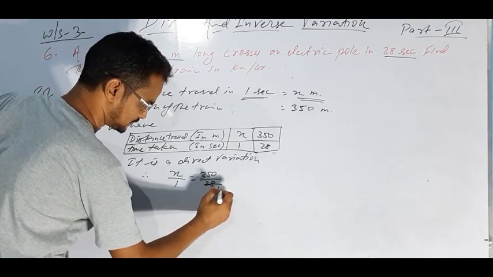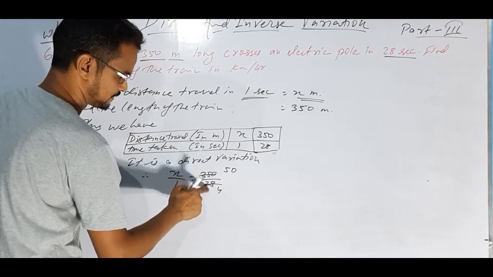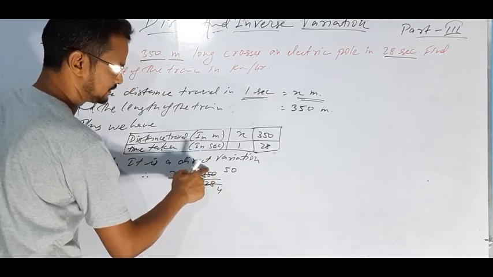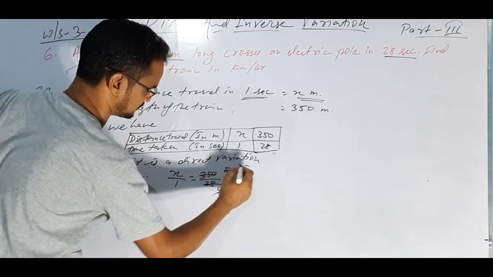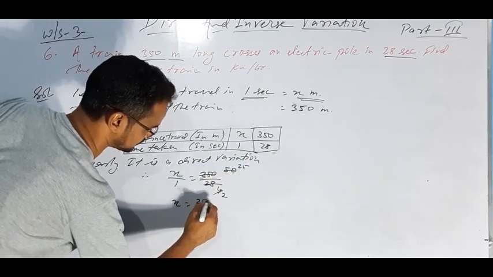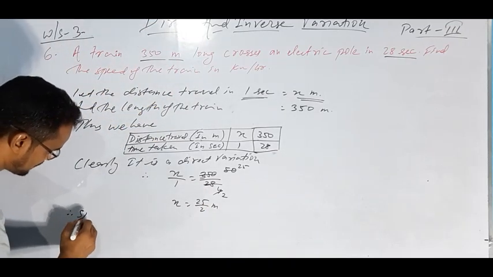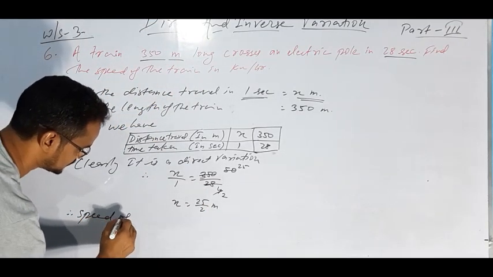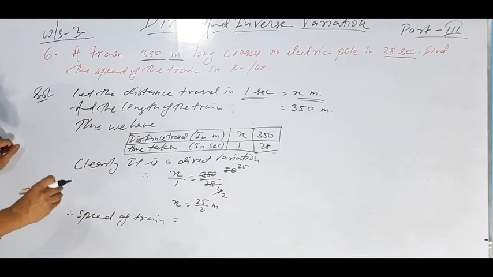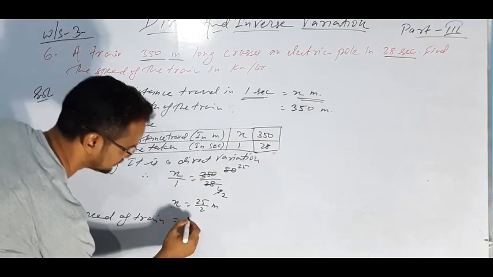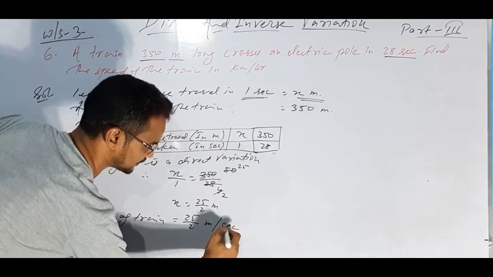Cut it by 7: 7 4s are 28, 7 5s are 35, and 0. This will become 25 by 2. So x is equal to 25 by 2 meter. Therefore, the speed of the train is distance by time, and this is 25 by 2 meter per second.